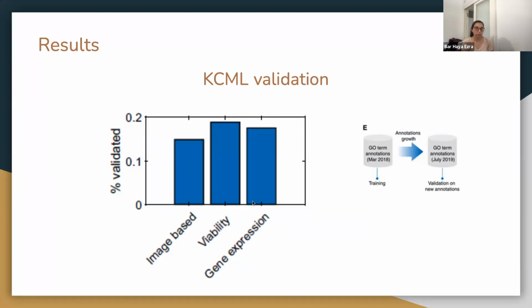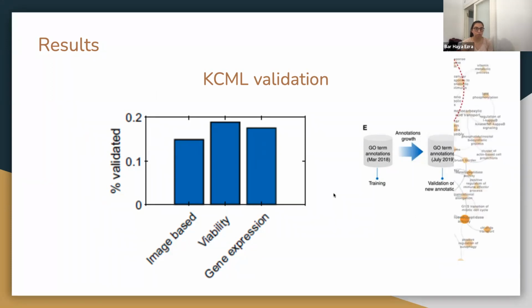And they were actually able to predict many of the annotations from the validation set. They showed that the algorithm is not biased to specific datasets, and they do have a high percentage of validations.